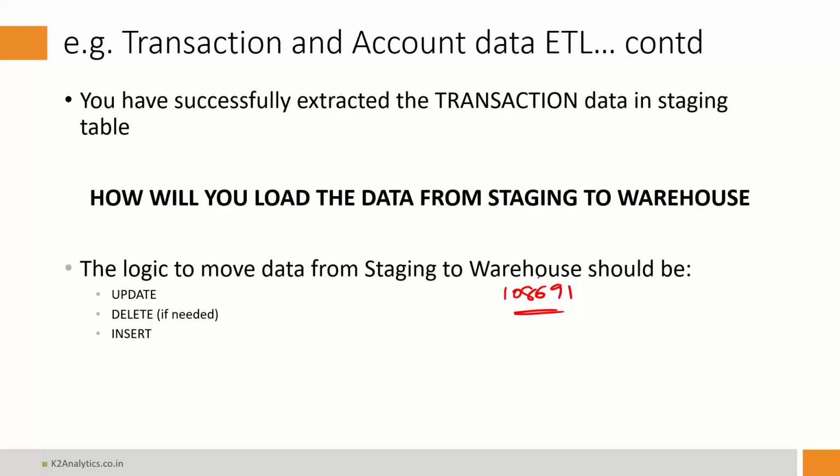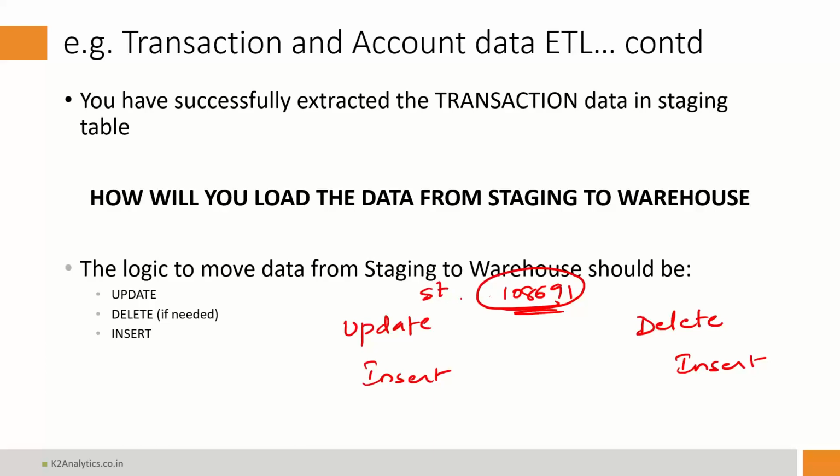There are two combinations: update insert combination or delete insert. What is update insert? This particular ID which is in staging, you should update the information for this particular ID in the warehouse. So that will become the first step.